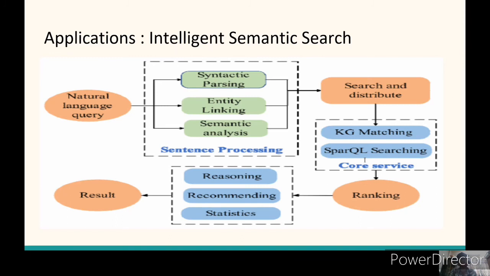This is the flowchart of the processes used in search engine framework based on knowledge graph. When a user enters a query question, the system first processes the sentence, including entity recognition, syntactic analysis, and semantic analysis. At the same time, it constructs the corresponding grammar analysis tree and then submits the processing results to the knowledge search and distribution module.